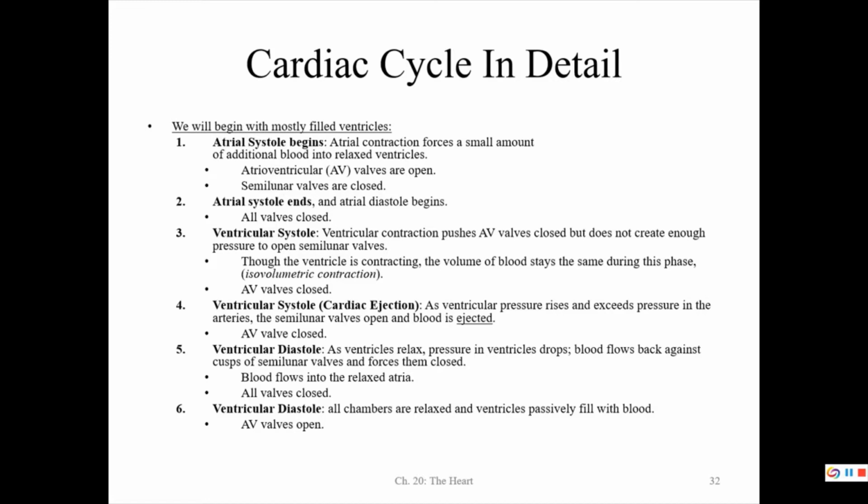Now think about this. What's kind of going on here, guys, is the atria are producing pressures that open the AV valves, and the ventricles produce pressures that close AV valves. Ventricles also produce pressure that opens semilunars.